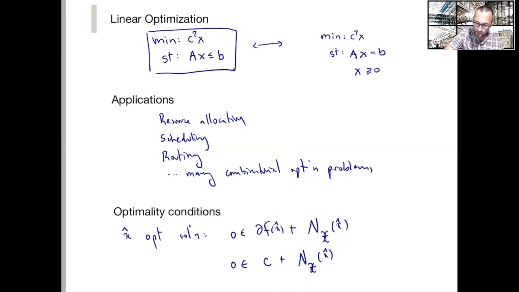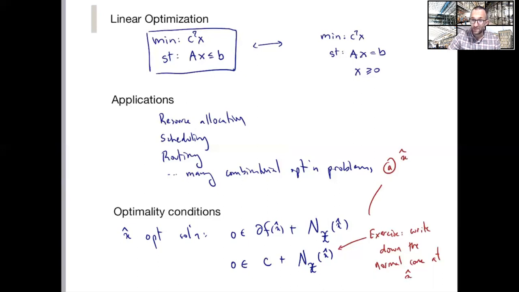So I'll leave this as an exercise. Write down the normal cone at a particular solution x hat. Let x hat, in the first case, be an interior point.